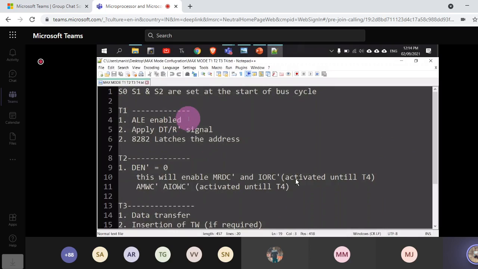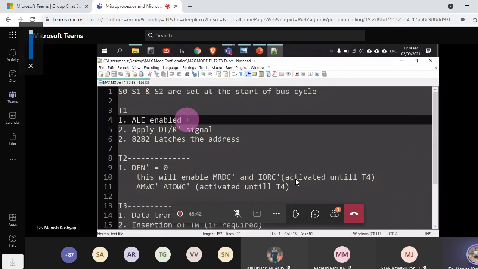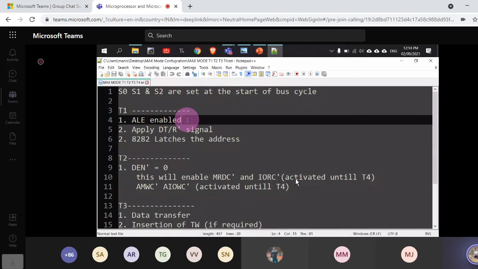This ALE is different from the ALE of the minimum mode, because the ALE signal of the microprocessor is not available in maximum mode. So this has to come from the bus controller, right?